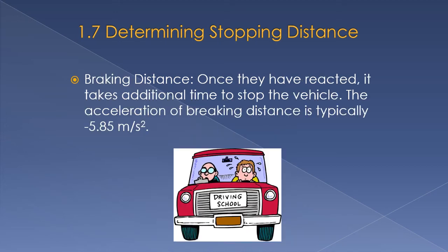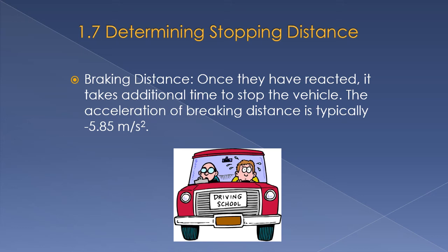Another assumption of average things, so just like how we have a reaction distance, and that time it takes, we also have an average deceleration or an average braking deceleration, and we're just going to use these assumptions. Every car is different.